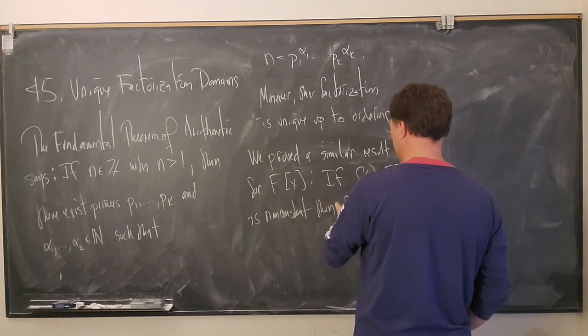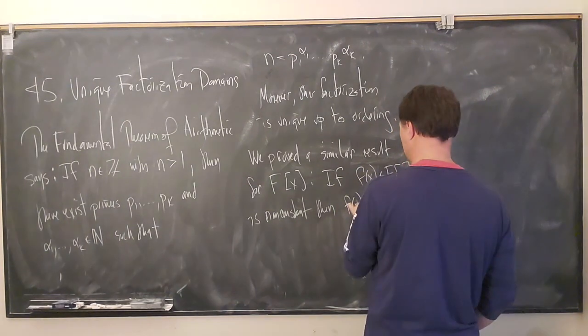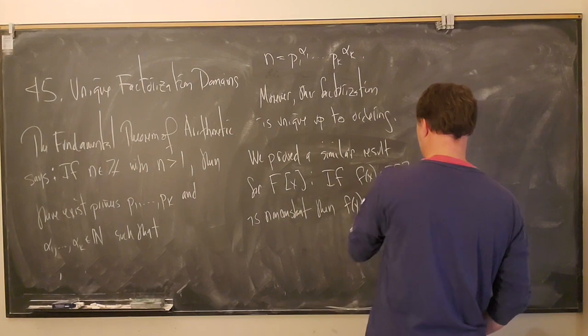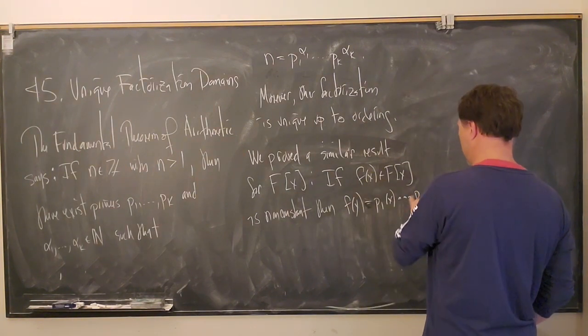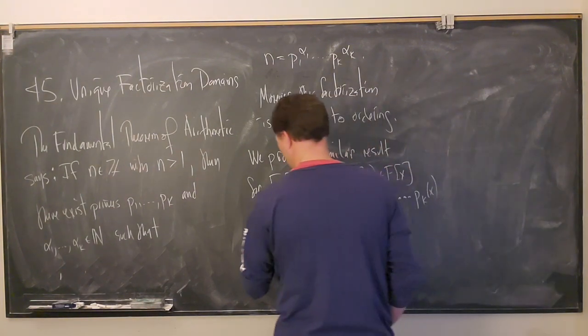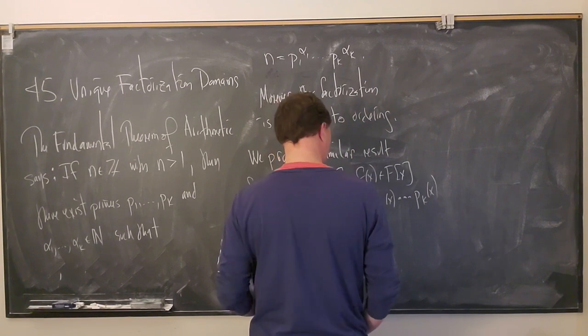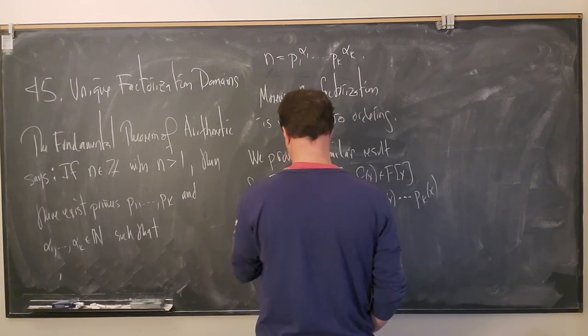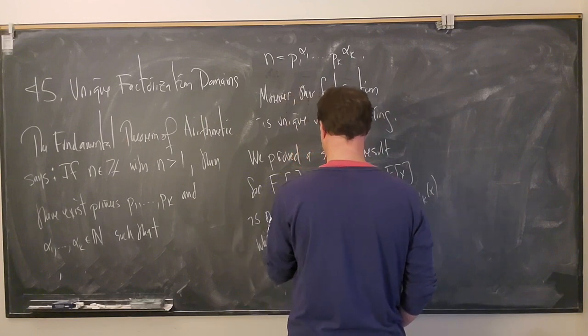So then f(x) is equal to the product p1(x) dot dot dot p sub k(x), where each p_i(x) is irreducible.